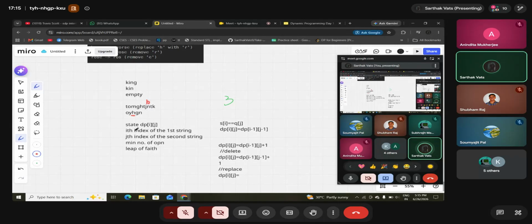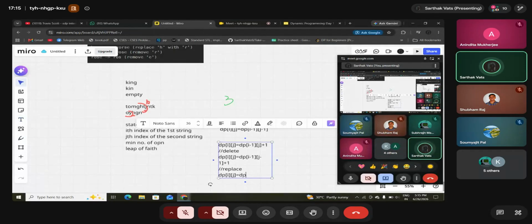So if I add h here, basically the number which I was considering was j. So this should become equal to the previous one, like it should be equal to whatever up till j. So this time I would go behind in dp of j minus 1, right? I would remain like that, and this would become j minus 1, and since I'm performing an operation, plus 1.